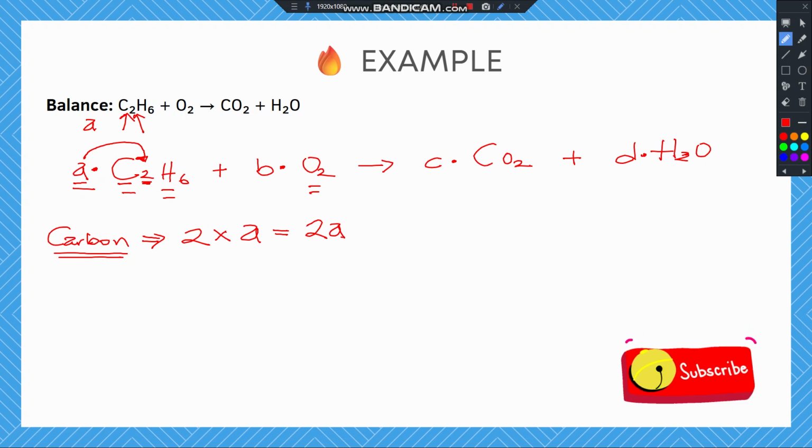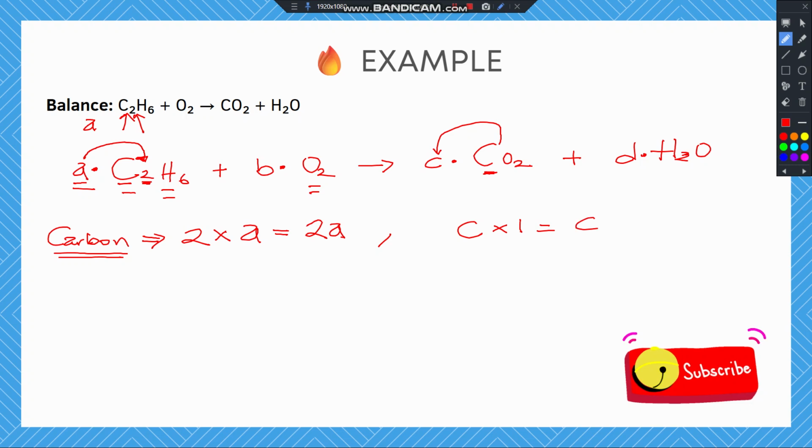Now on the right hand side, you can see we have carbon over here as well. Now carbon has no subscript, or the subscript of carbon in this case is number 1. Alright, and then the coefficient attached to the compound that contains carbon is the letter C. So therefore the number of atoms for carbon will now be C multiplied by 1.